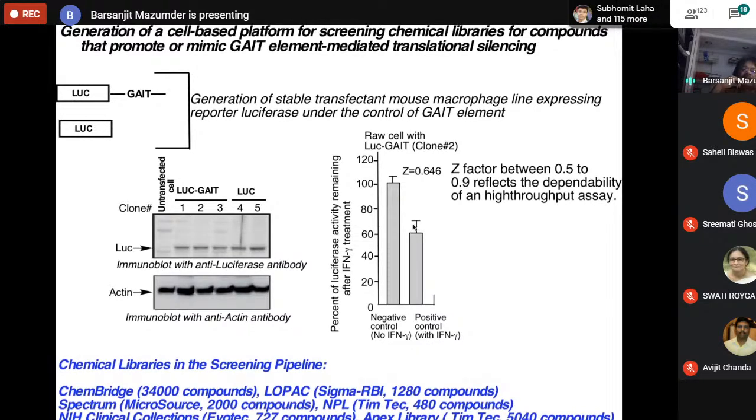And you can see that there is inhibition of expression, and by analyzing the statistical data, we have measured the Z factor, which is very important for drug discovery, important for the development of a cellular platform for drug screening.